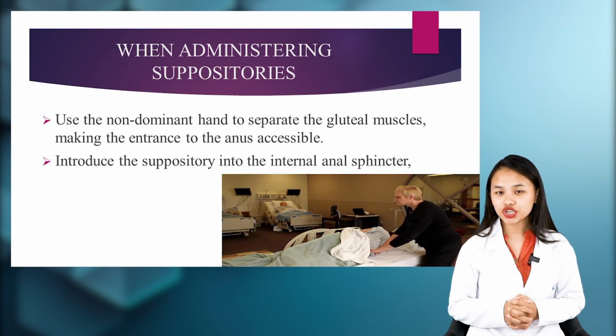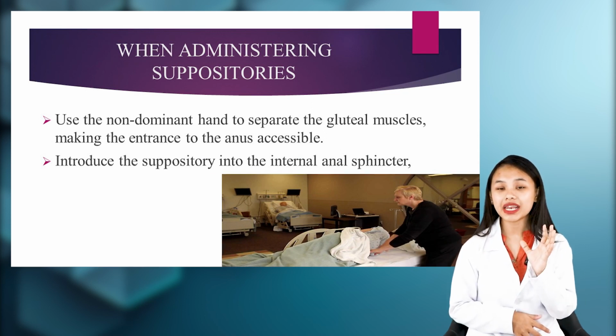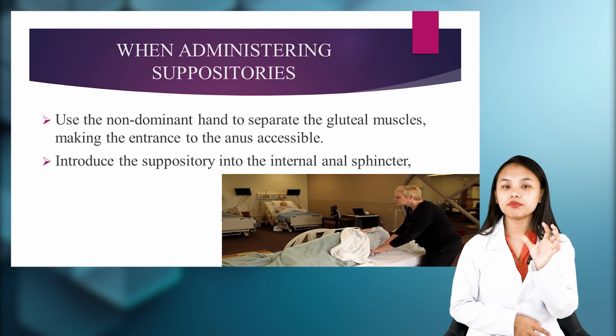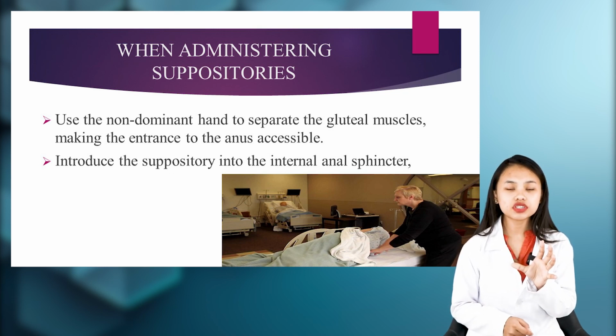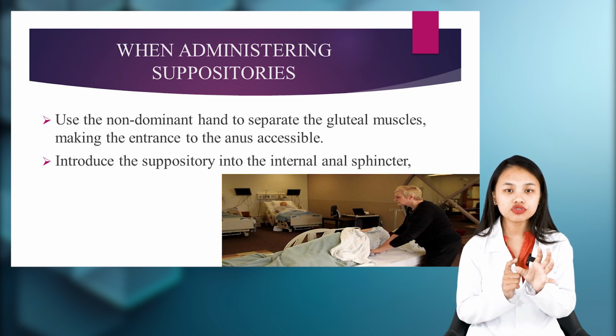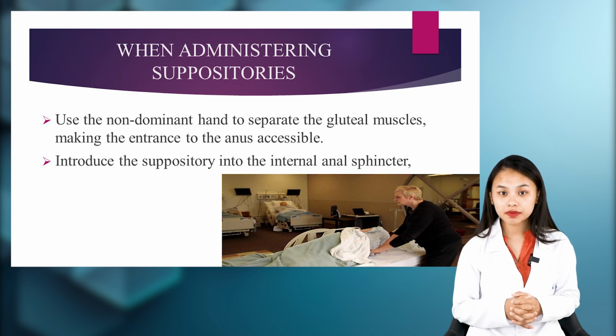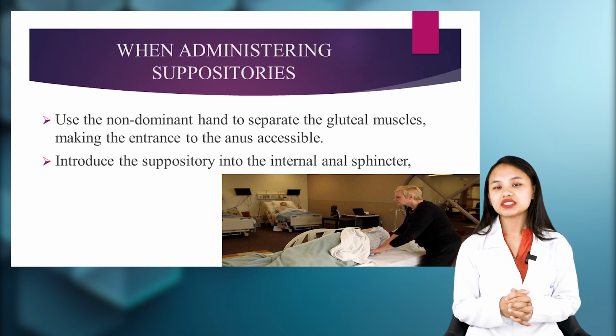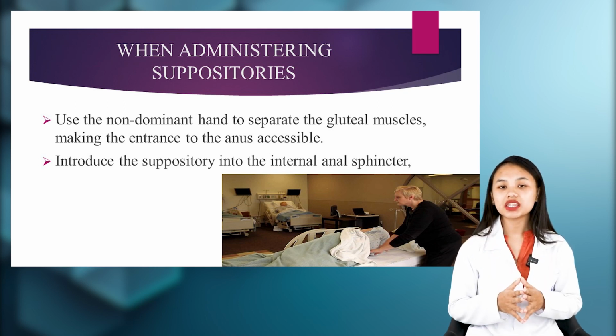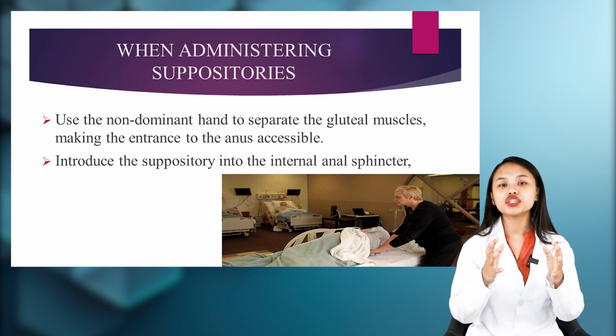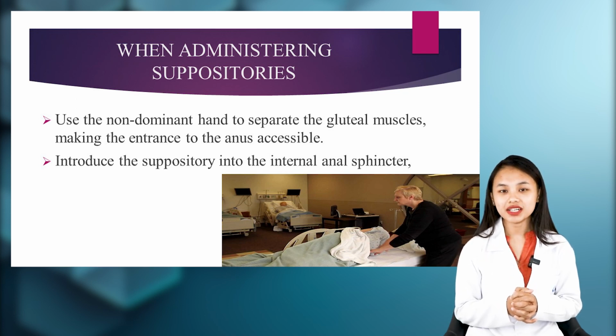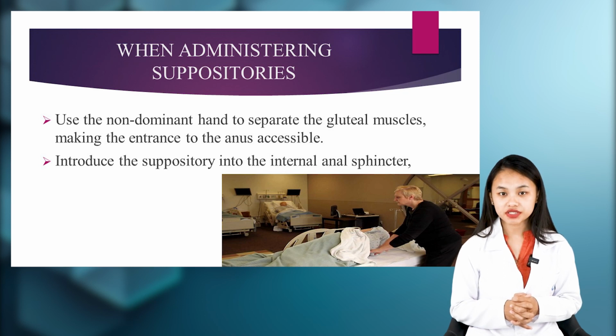We must then use our non-dominant hand to separate the buttocks in order to make the entrance into the anus accessible. And then we can start introducing the suppository into the internal anal sphincter.